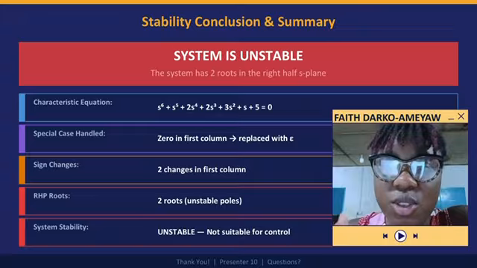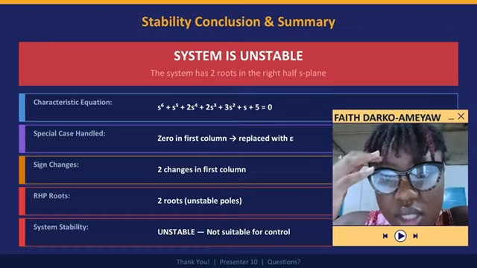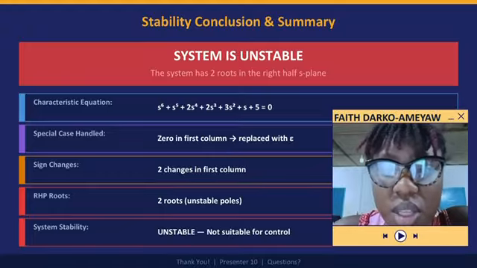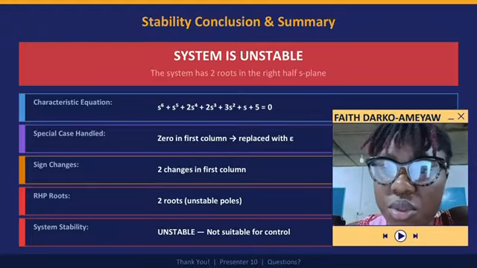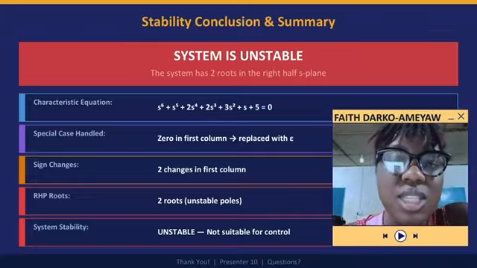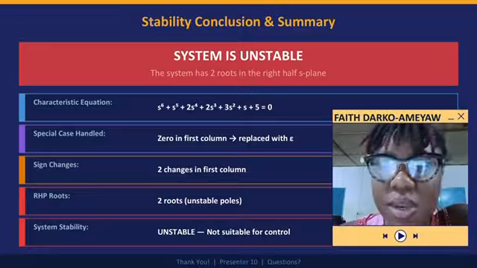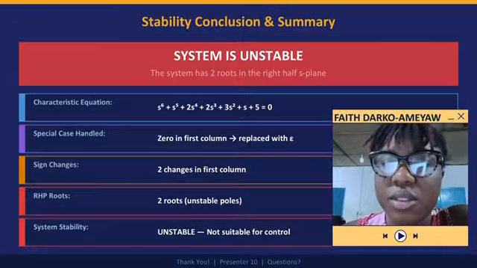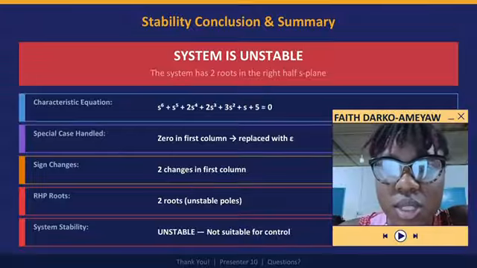The special case of a 0 in the first column is a common occurrence, and it is handled by the very small number we introduced, epsilon. The criterion provides not just a yes or no answer to stability, but tells us exactly how many roots make the system unstable, and other crucial information for control system design.